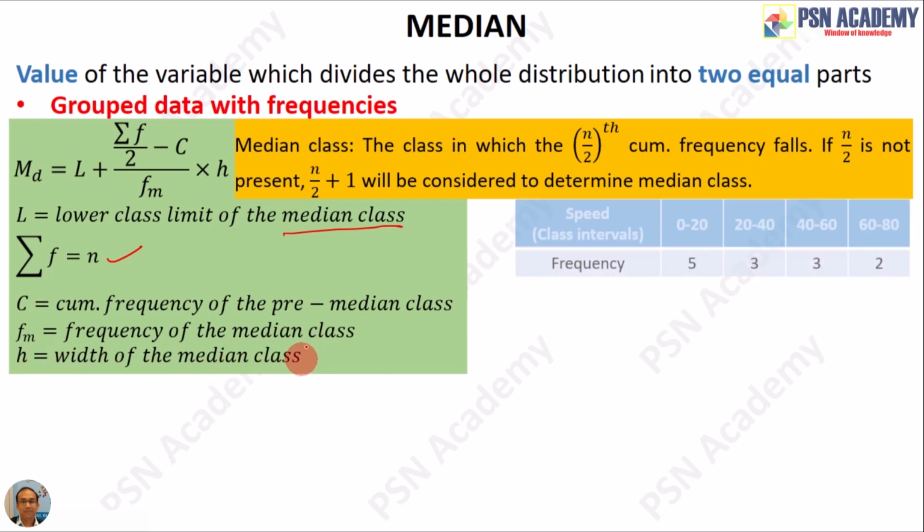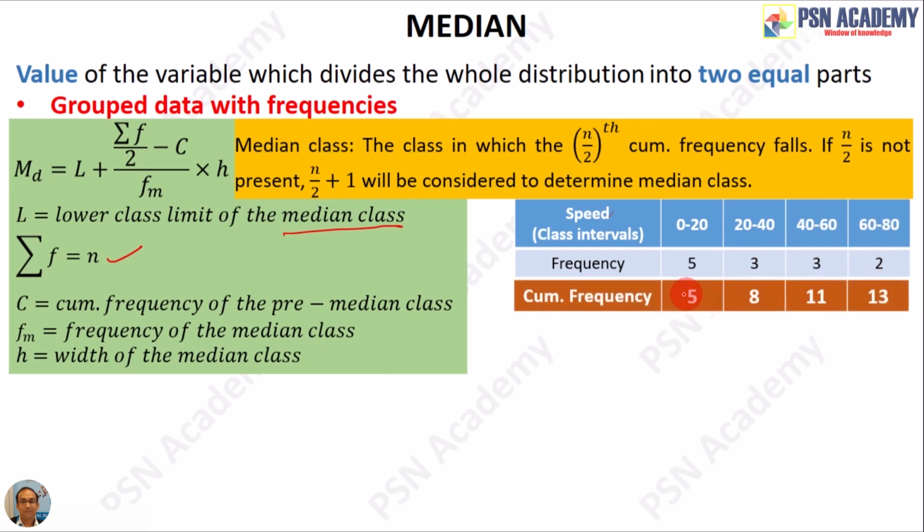Okay. Let's go for an example. Here we have speed, that is the class intervals: 0 to 20, 5 times; 20 to 40, 3 times; 40 to 60, 3 times; and 60 to 80, 2 times, right? Now we go for computing the cumulative frequency. First we take this 5, and then we add this 5 with this 3, then we get 8.